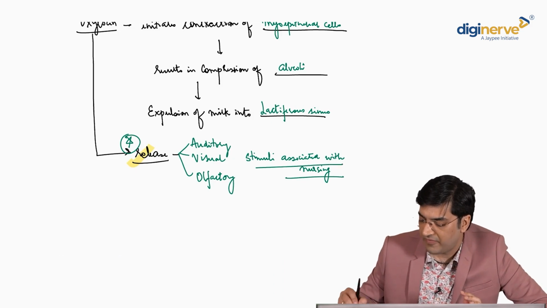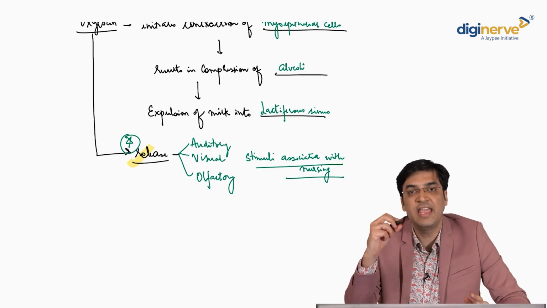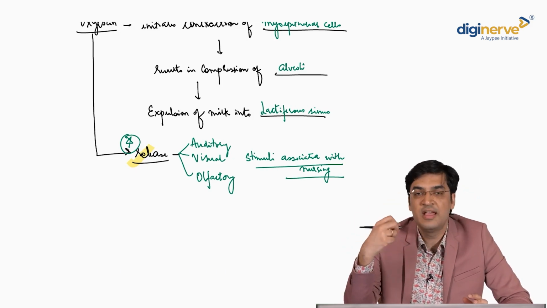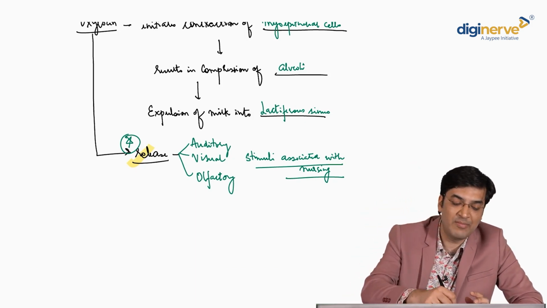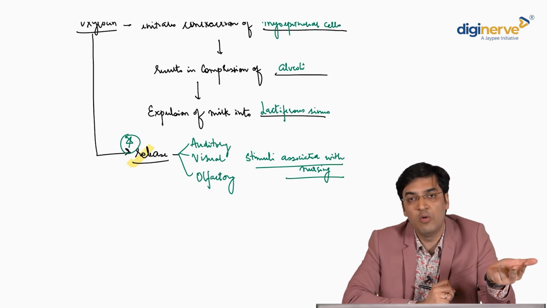So, if the baby is hungry and crying, that cry can also stimulate a let down reflex in a mother. Therefore, you need to remember that oxytocin can be stimulated by three stimuli: auditory, visual, as well as olfactory.